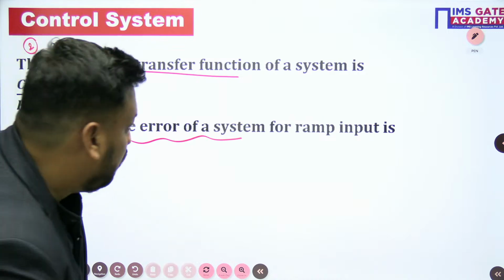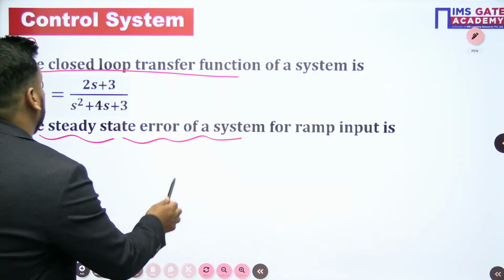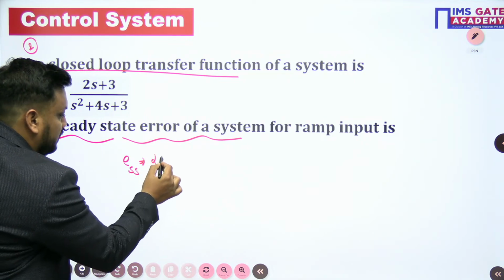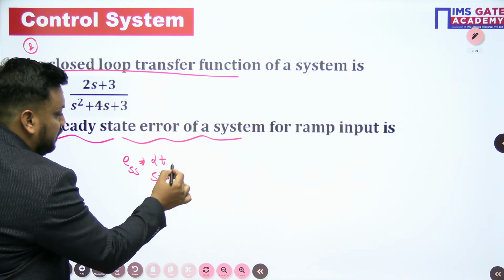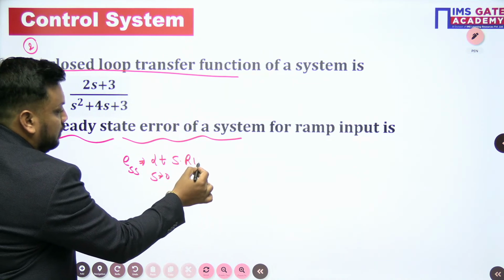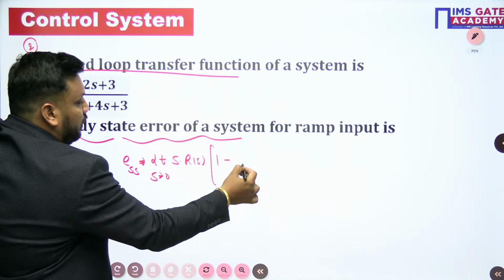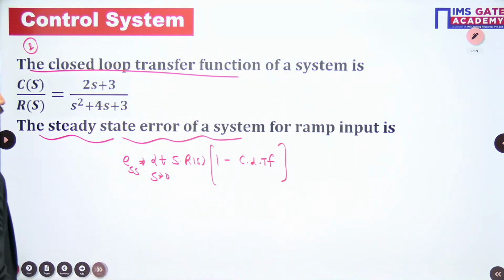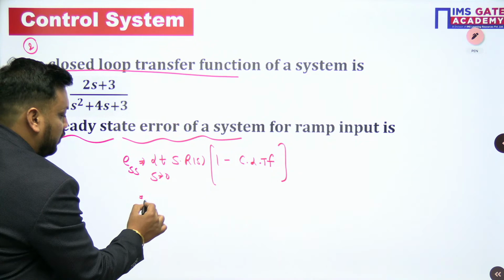Okay, guys. So students, if such type of question comes, you can use this formula: ess equals limit s tends to 0, s times R(s), whole bracket closed, times 1 minus closed loop transfer function. If you have heard any of the classes, you know this formula. You just need to put in the values, guys.